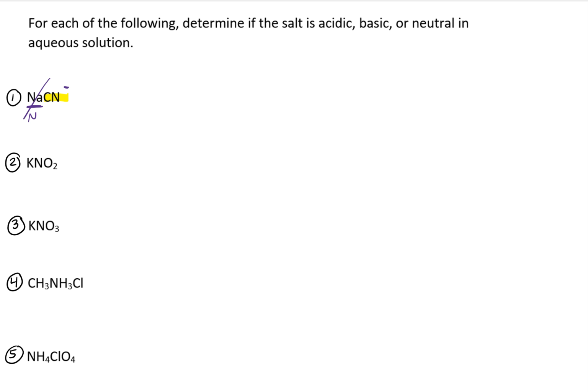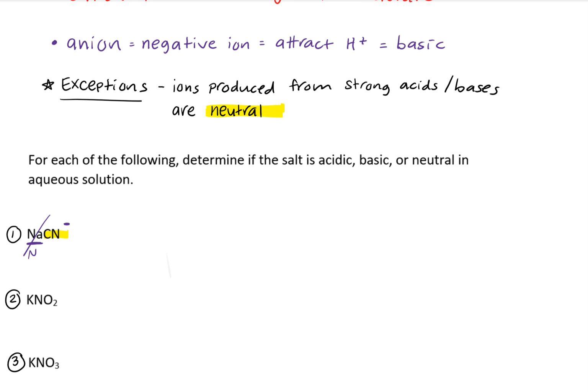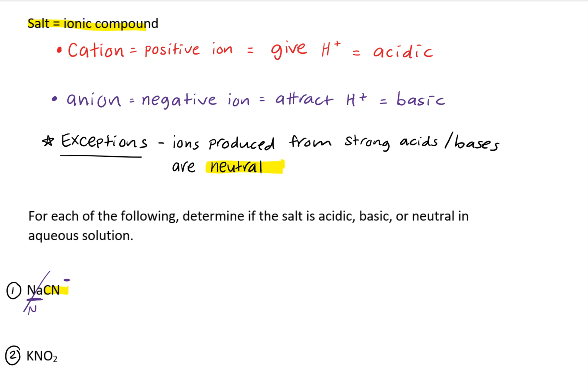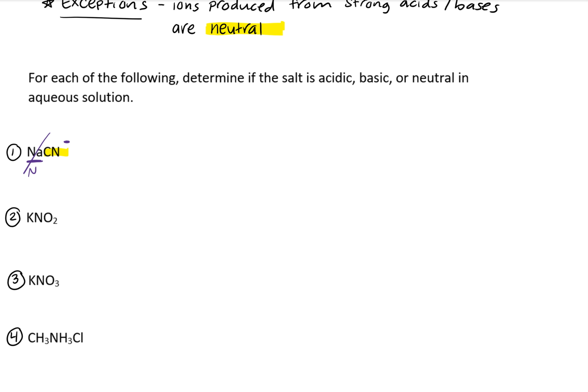Cyanide has a negative charge on it, and negative ions are going to be basic in solution. So this is a basic anion. Together, a neutral plus a basic ion equals a basic salt. You might be asking yourself, how does it behave as a base?